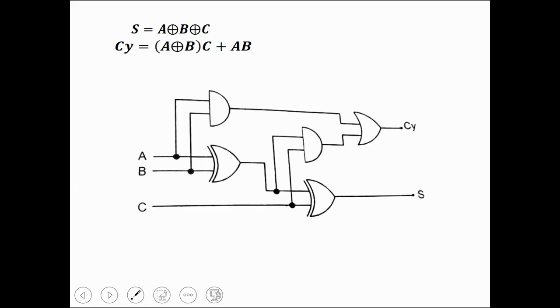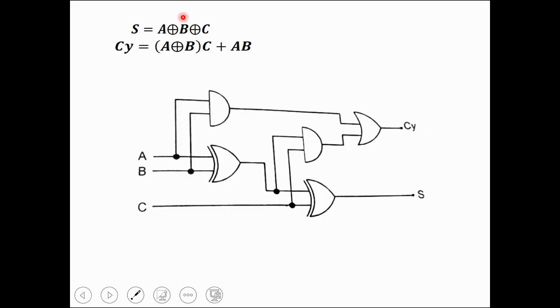So we need a 3 input XOR gate. Instead of using a 3 input XOR gate, we are using only 2 input XOR gates. For the first XOR gate, we are giving the input as A and B. The output of this XOR gate is given as the input to the next XOR gate. The second input of the second XOR gate is C. So the final output is S, where S is equal to A XOR B XOR C.